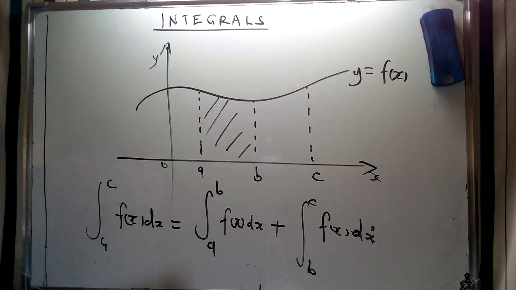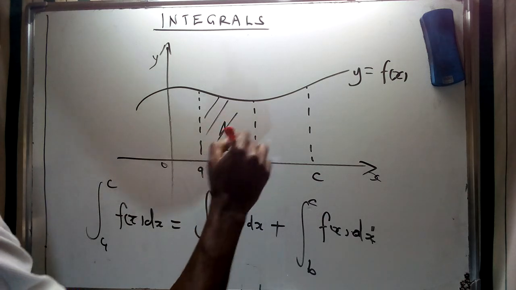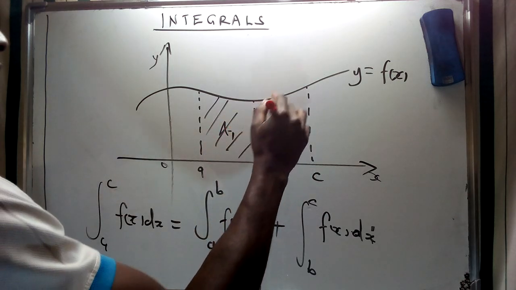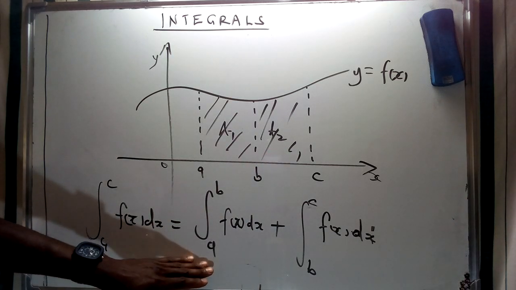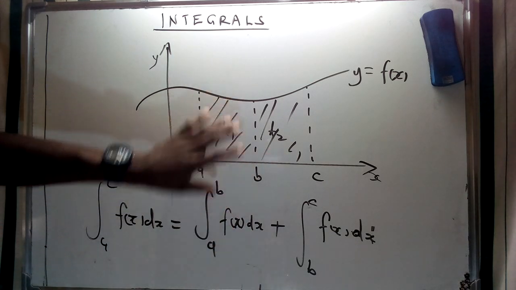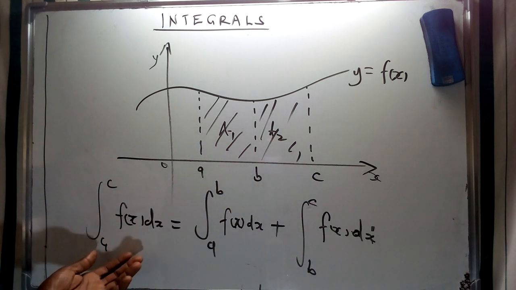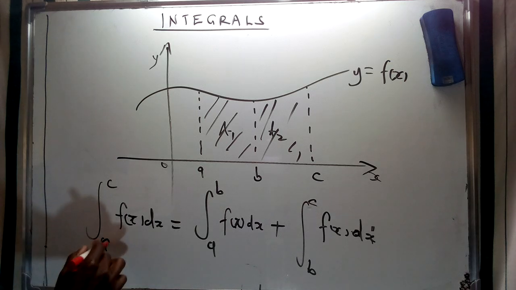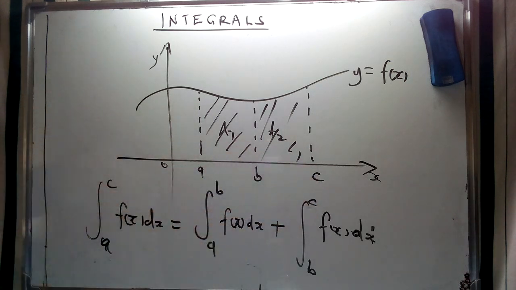This implies that we are trying to find the area under the curve by combining A1 and A2, which are the integral from a to b, the region for A1, and the integral from b to c, the region for A2.